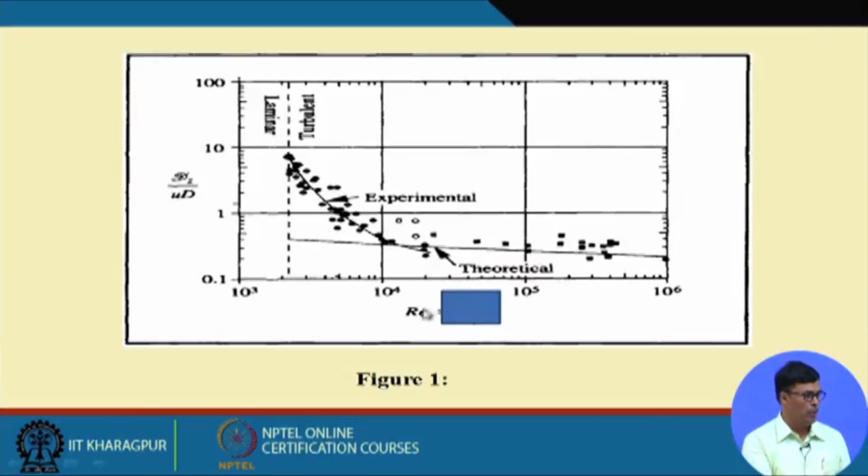We have a plot between the Reynolds number and this dispersion coefficient; this is diffusivity, this is the velocity.